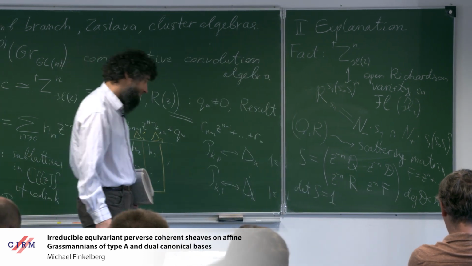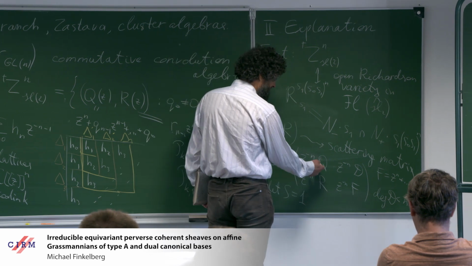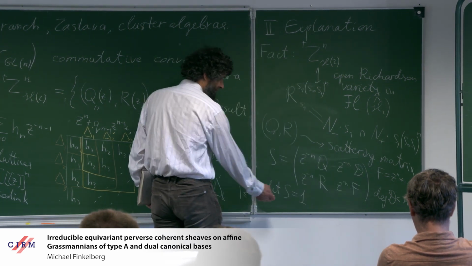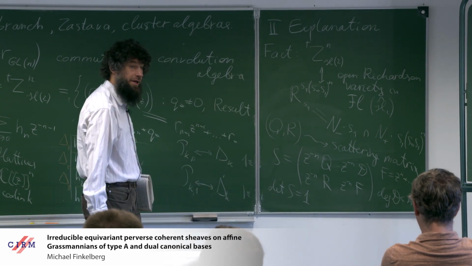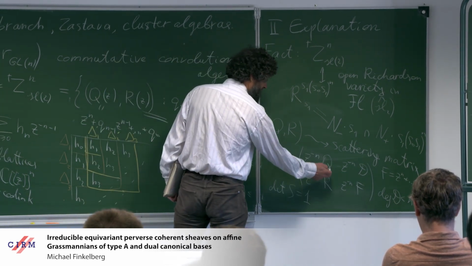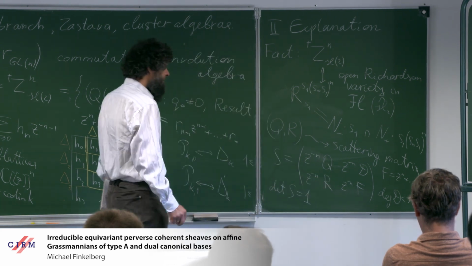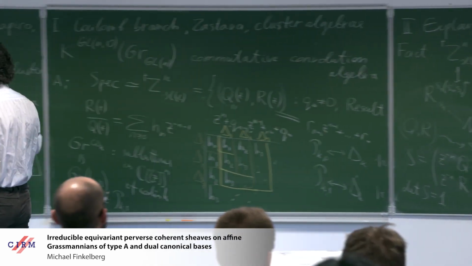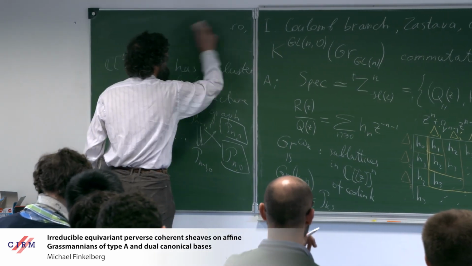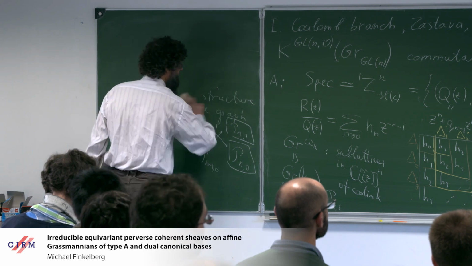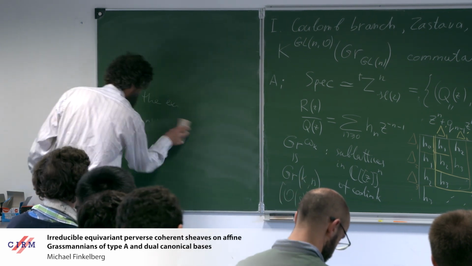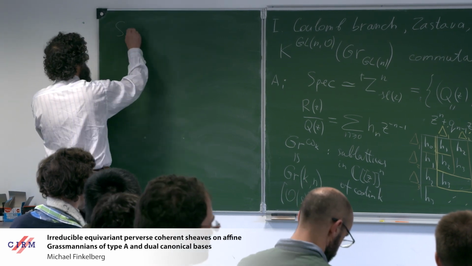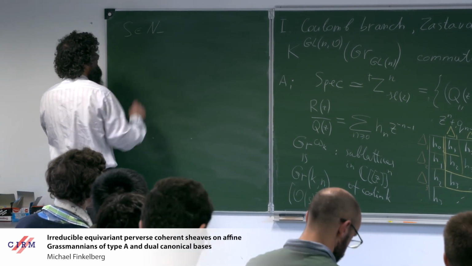And then it's easy to see that there is a unique way to find such d and f so that this condition is satisfied. So the scattering matrix is uniquely defined by this point of Zastava space. And moreover, it lies in this negative unipotent radical. So S lies in N minus.